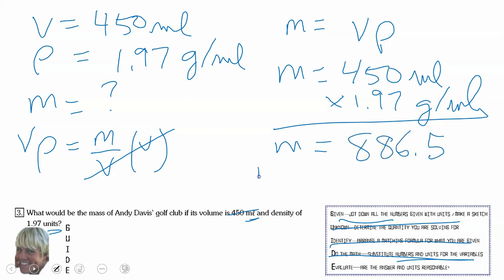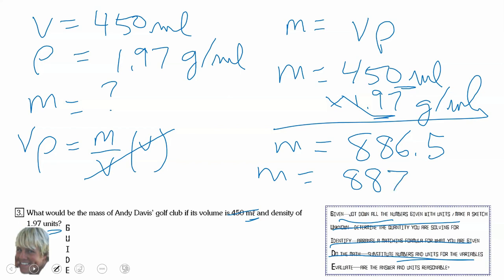886.5. And we have to check ourselves. We can never be more accurate in our answer than the least we started with. We have 2 decimal places here, no decimal places here, so we can't have decimal places in our answer. So we have 88, and the next number calculated is a 5, so we will round that to a 7.